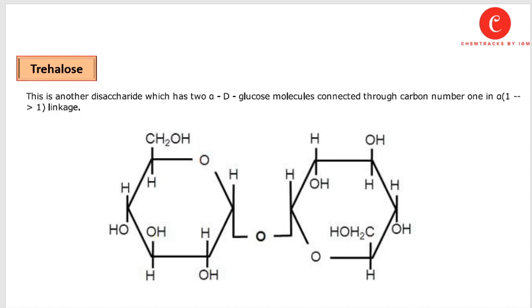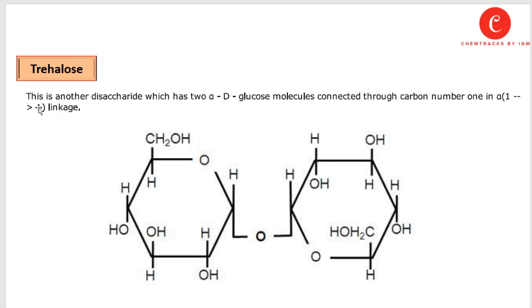The last example of a disaccharide is trehalose. It is another disaccharide which has two alpha-D-glucose molecules connected through carbon number 1 in an alpha 1,1 linkage.